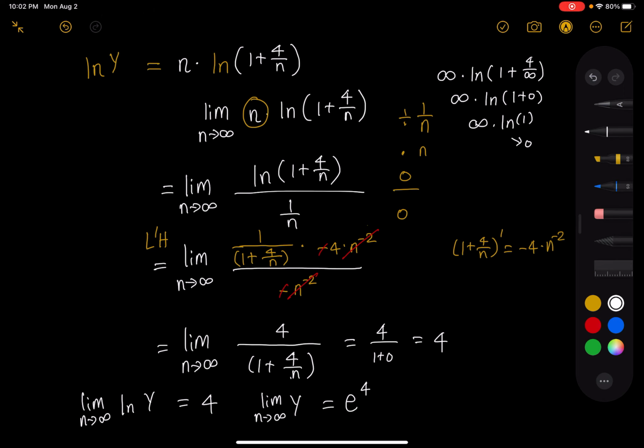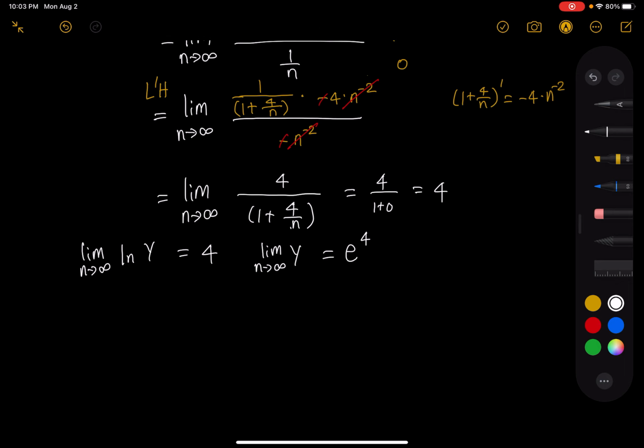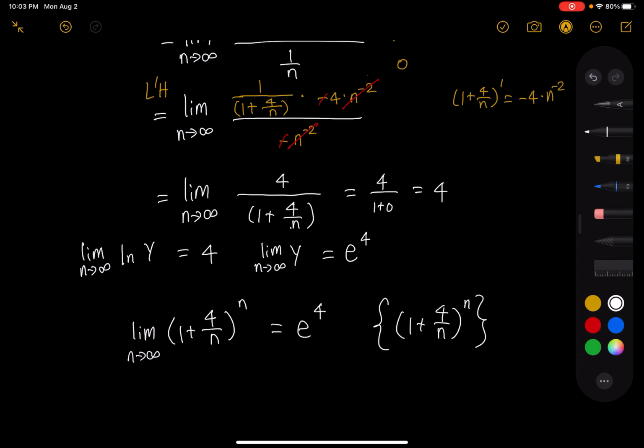So finally, because we defined y as 1 plus 4 over n to the nth power, we know that the limit as n goes to infinity of y equals e to the 4th power. In that case, this sequence 1 plus 4 over n raised to the nth power converges.